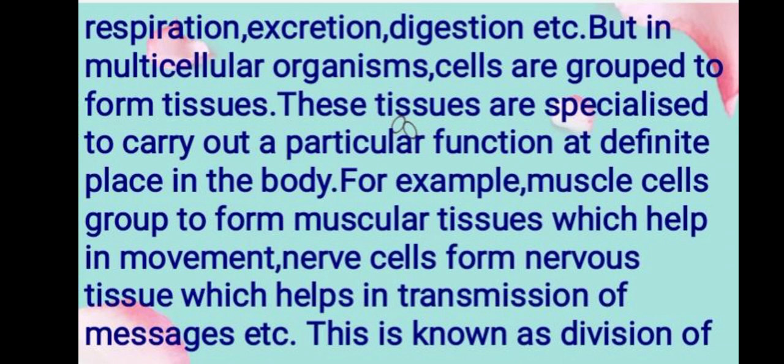These tissues are specialized to carry out a particular function at definite place in the body. For example, muscle cells group to form muscular tissues which contract and relax to help in movement. Nerve cells are quite long and they form nervous tissues which help in transmission of messages, etc.